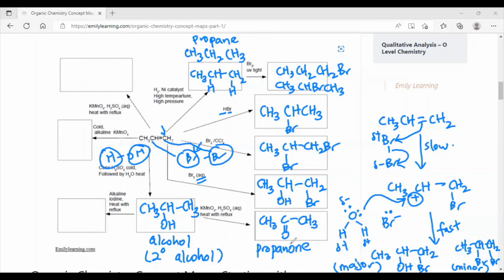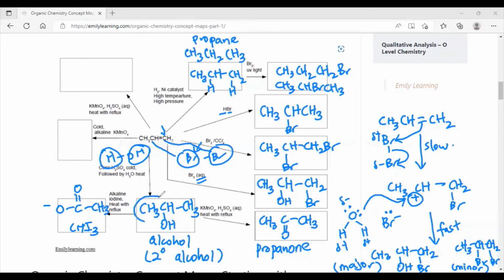Now, what happens if the alcohol reacts with alkaline iodine and is heated? Well, when we see alkaline iodine, it is basically your iodoform test. During an iodoform test, one of your CH3 will form CHI3, and is replaced by an O minus. So this would be the other product formed.